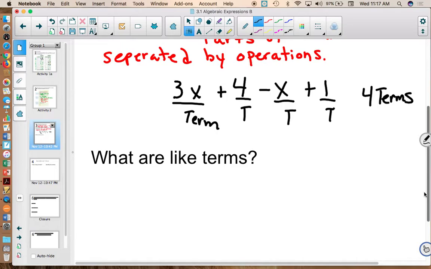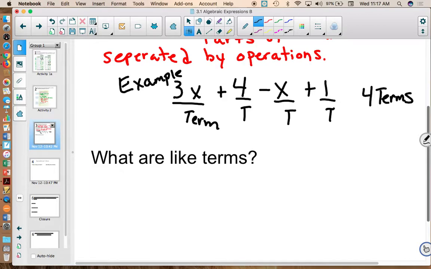Are they terms that are the same? If you use the example we have there, what would you say would be the like terms? Trenton? 3x and what? I have two sets of like terms up there. But what do you think that they would be? What do you think, Sophia? 3x and negative x. Good.